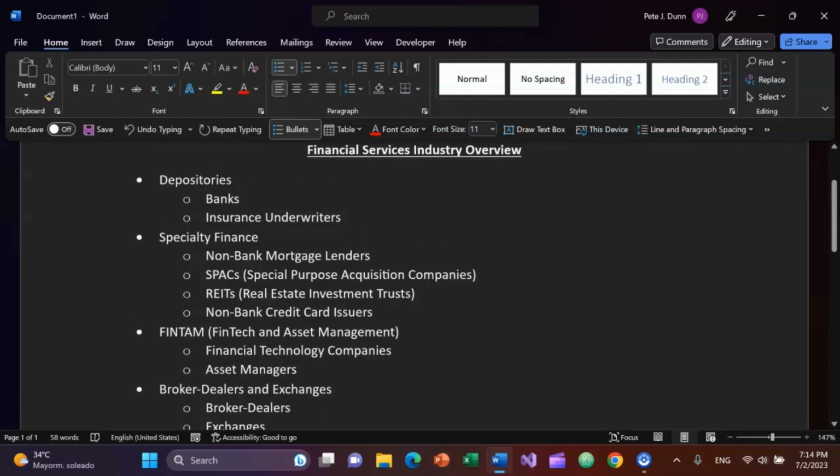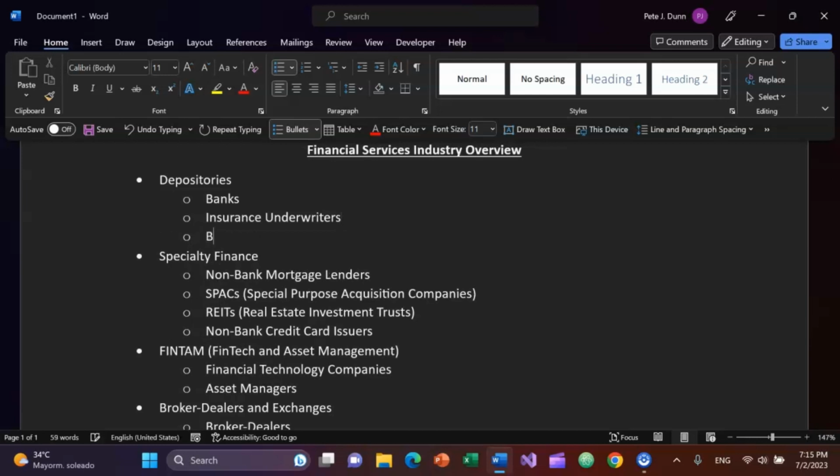Alright, so the thing about depositories that's important to know is they are balance sheet businesses. The balance sheet drives the income statement and not the other way around.